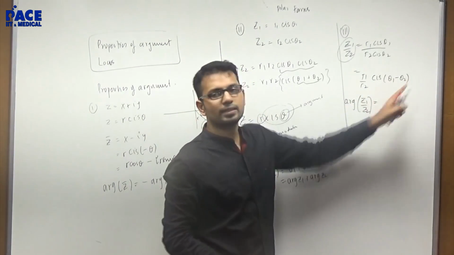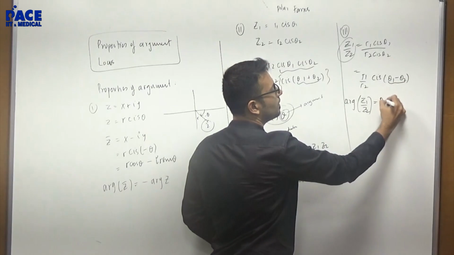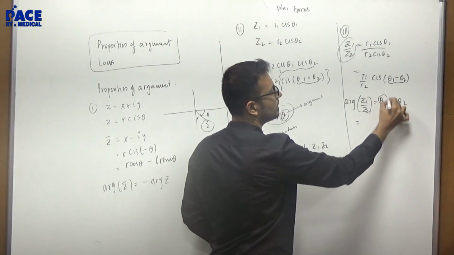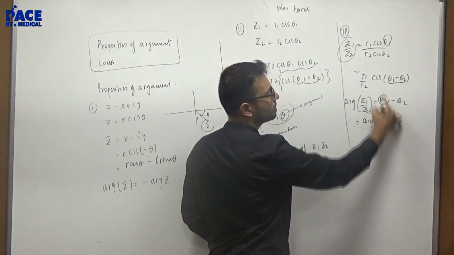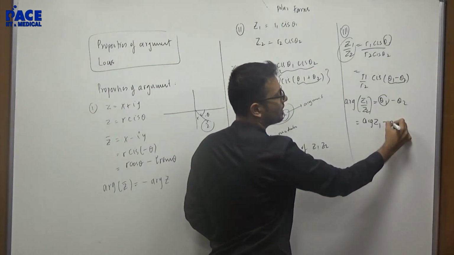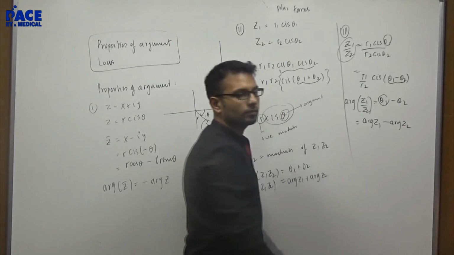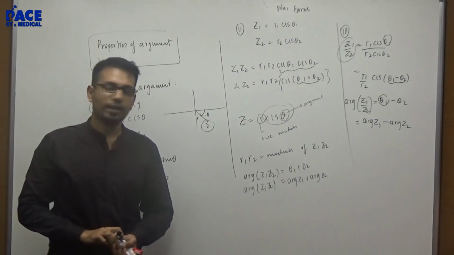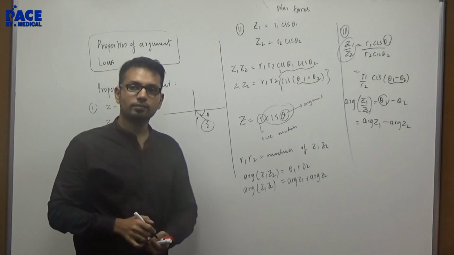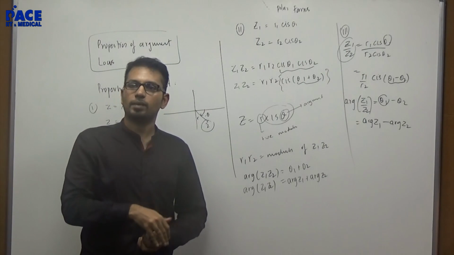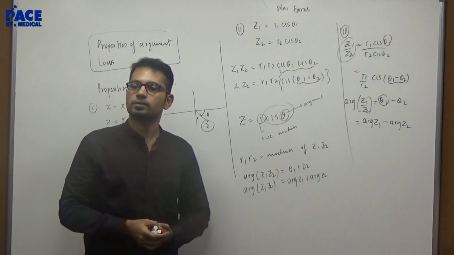It's theta 1 minus theta 2. And theta 1 minus theta 2 can be written as, what is theta 1? Argument of Z1 minus argument of the second complex number. Is that clear? Okay. And there are some more properties also. I'll just write that down. I'll copy kar lo. Any doubts so far?